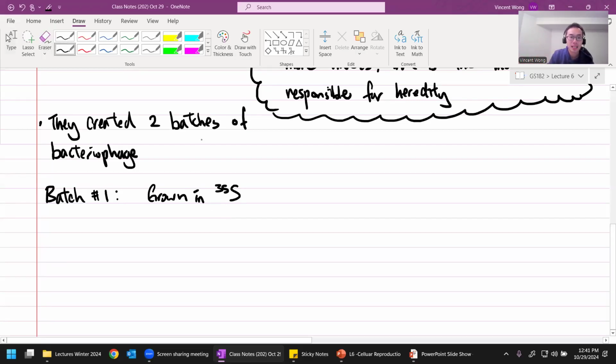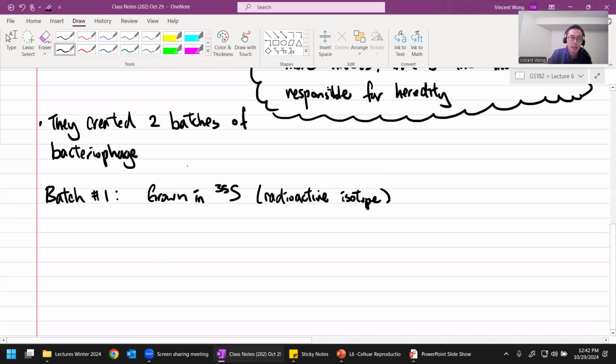So this one is sulfur 35, which is a heavier isotope of sulfur, and it turns out to be a radioactive isotope. The whole point of growing them in radioactive sulfur is to keep track of where things go. If they're just ordinary atoms, then it's hard to know what goes where. But if they're radioactive, then you can detect the radioactivity and keep track of things.